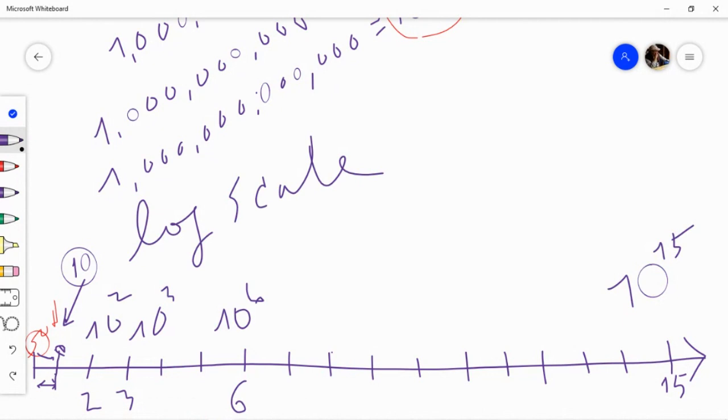Think about it. 9 is billion times, 10 to the ninth. 12 is trillion times. 15 is like quintillion times. I mean, 15 should be somewhere here.